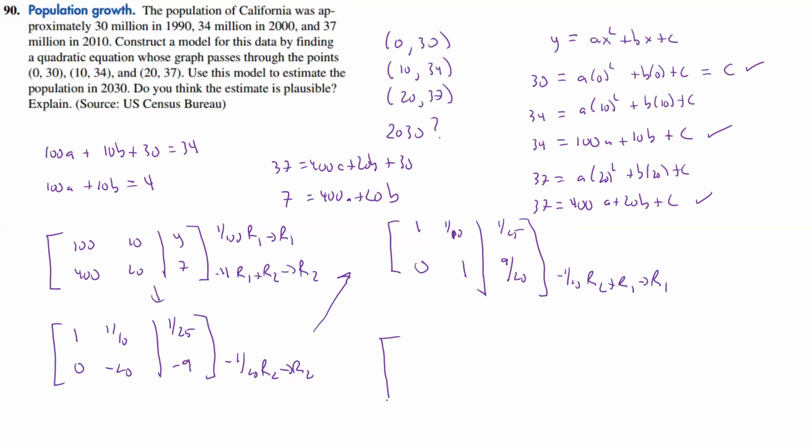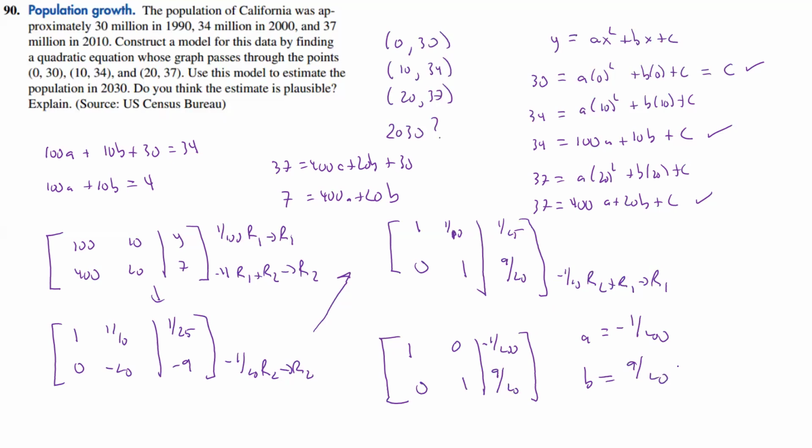So that's going to be 1, 0, 0, 1, and 9 over 20. And so minus 9 over 200 plus that is just minus 1 over 200, I think. Okay. So now A is equal to minus 1 over 200.